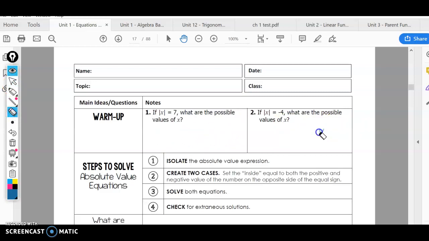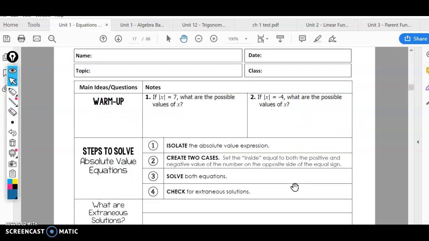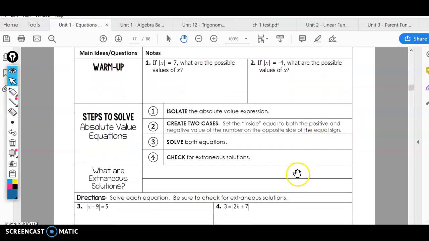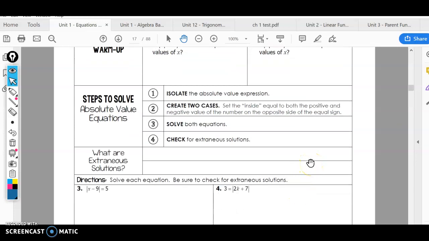So the steps to solve absolute value equations. Number one, you want to isolate the absolute value expression. That means get the absolute value expression by itself on one side of the equal sign and move the other numbers next to it away. You're then going to create two cases. You're going to set the number on the other side as positive and negative.